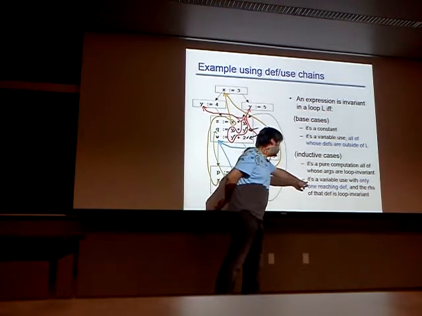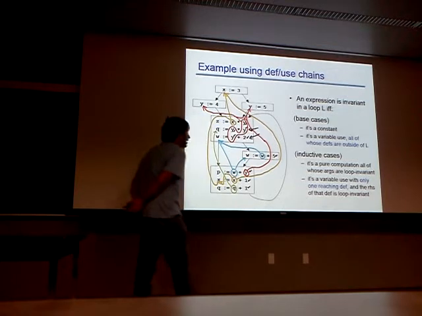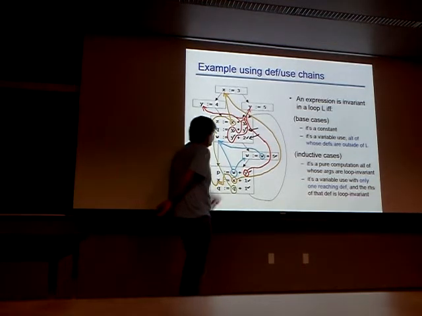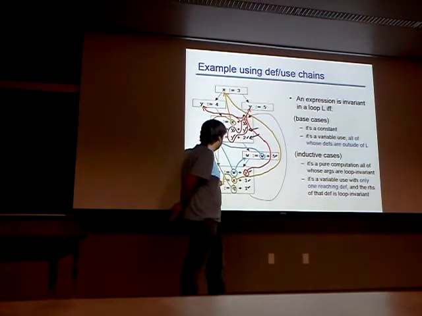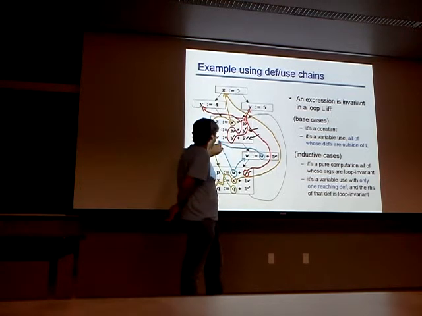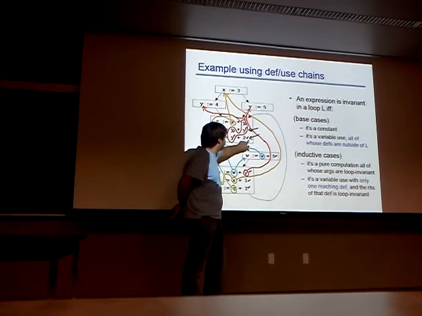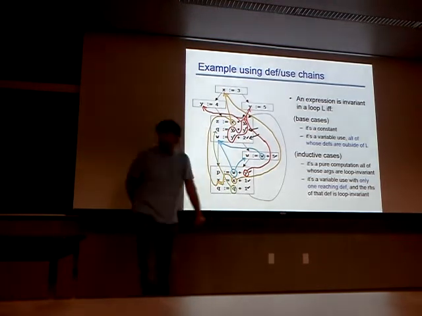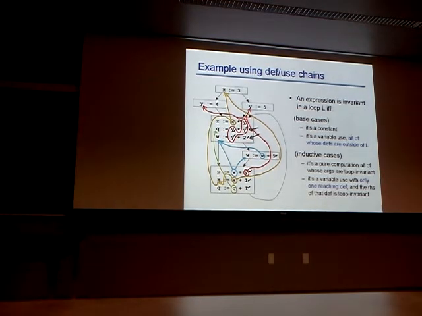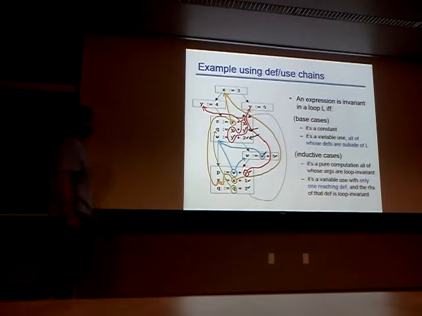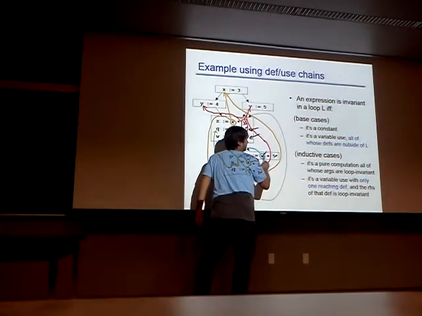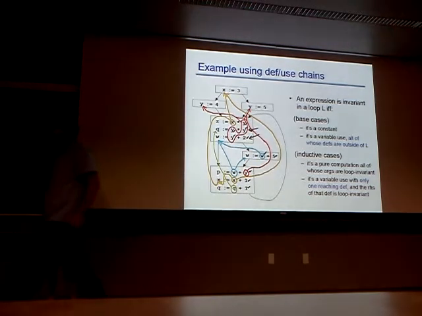So it's a variable use with only one reaching definition, and the right-hand side of the definition is loop invariant. So this W falls into that category because it has only one reaching definition, and the right-hand side of that definition has been labeled as loop invariant. Aha! We do this, and now our first rule kicks in. So basically this 2, so these two become this.